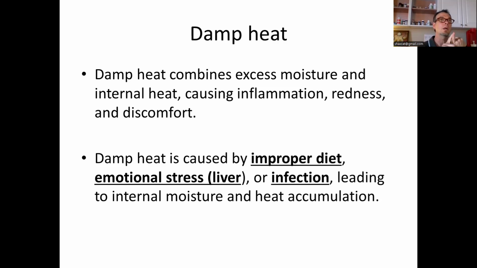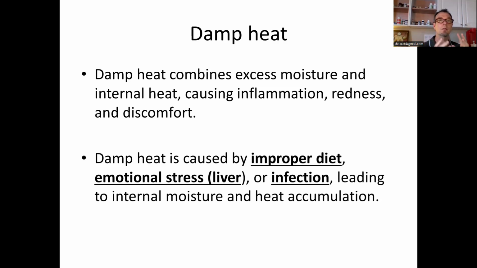So improper diet, you're eating too many Ho Hos, and that's too much sweet for the spleen, and the spleen can't transform and transport the fluids. So we start getting some fluid accumulation. We talked about that a few minutes ago. Emotional stress, the liver's heating up, it's causing that depressive heat. Those two get together. Let's get together and have some fun, right?